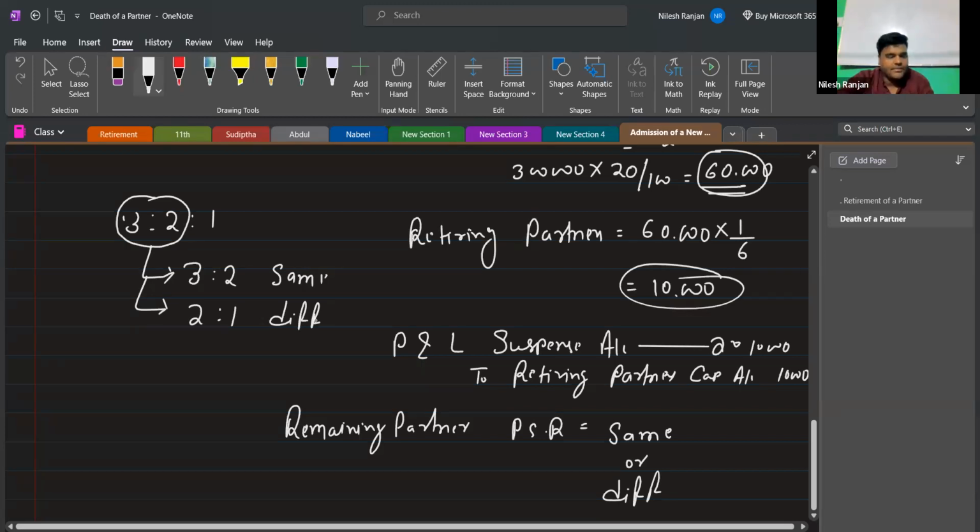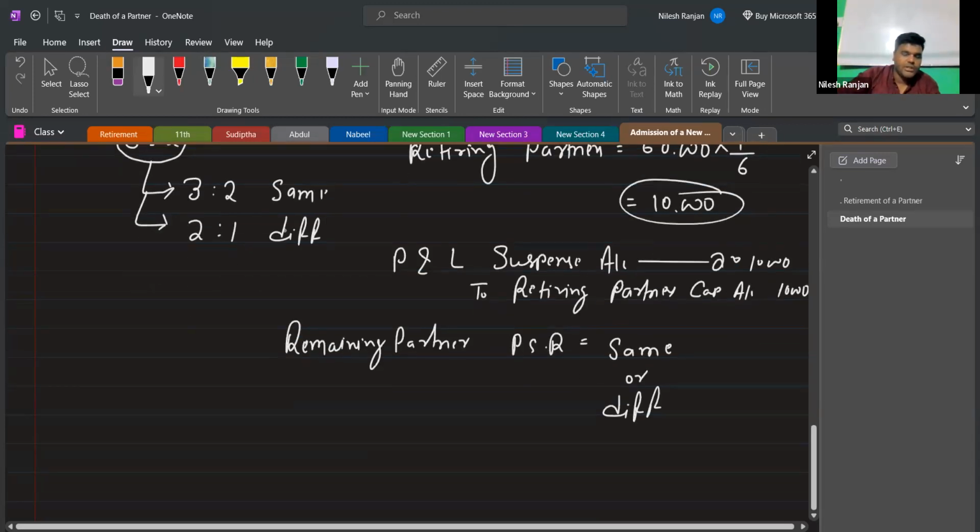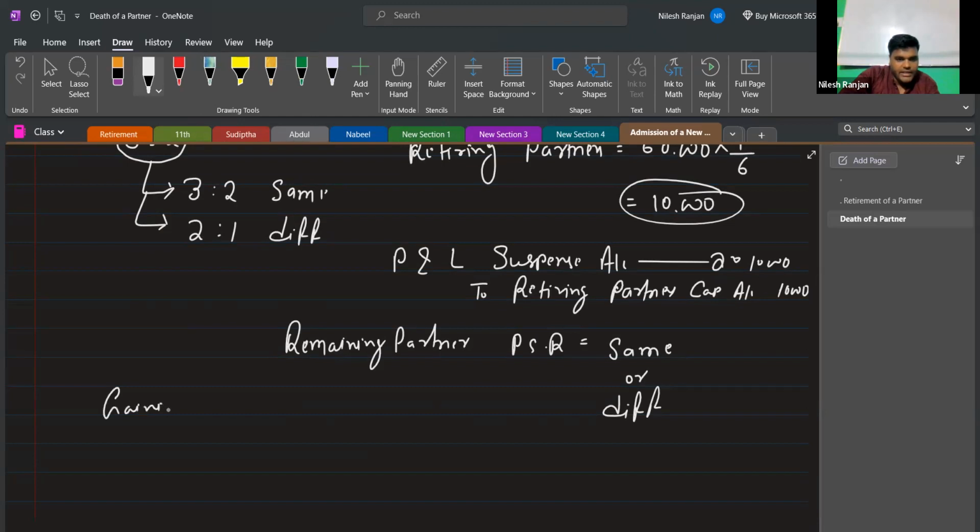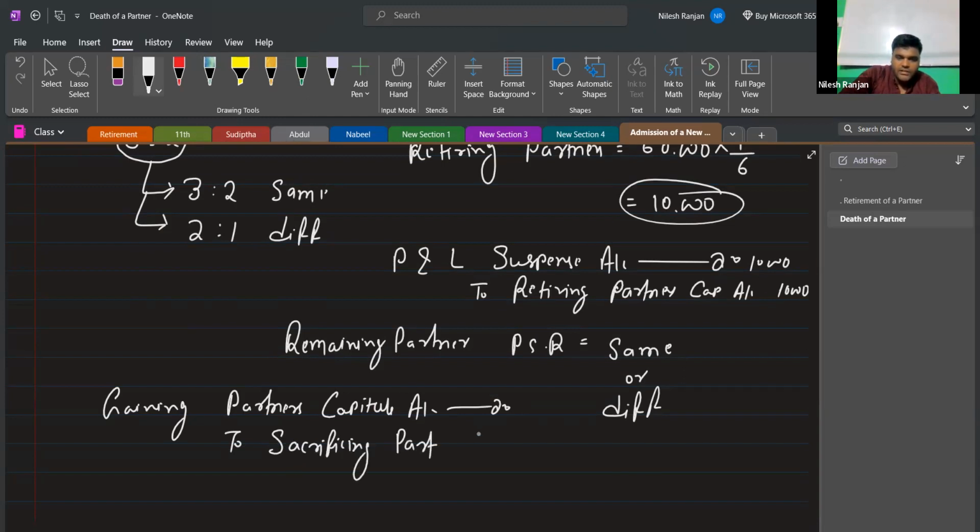In this case, we have to pass a journal entry of gaining partners' capital account debit, if the new profit sharing ratio is different: gaining partners' capital account debit to sacrificing or retiring partner's capital.